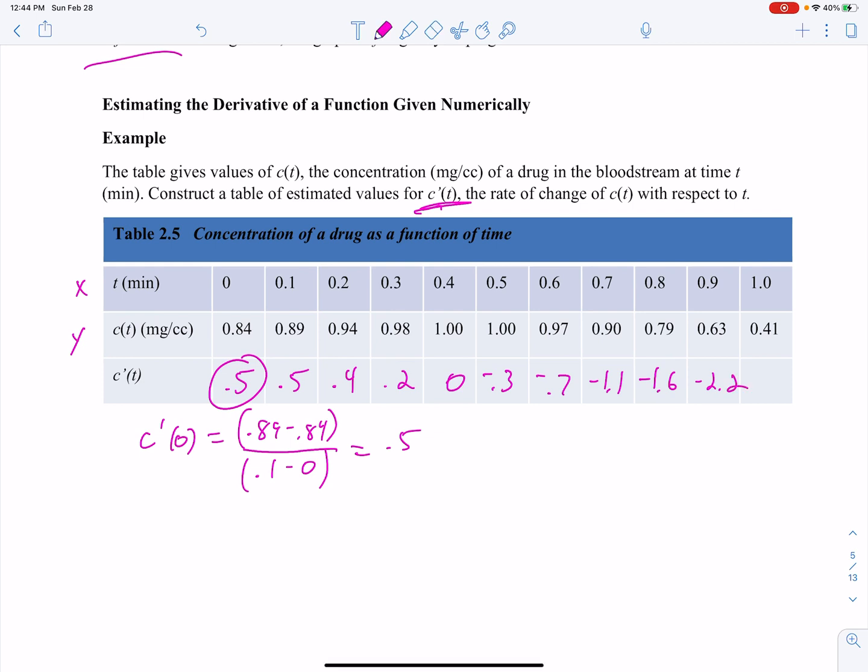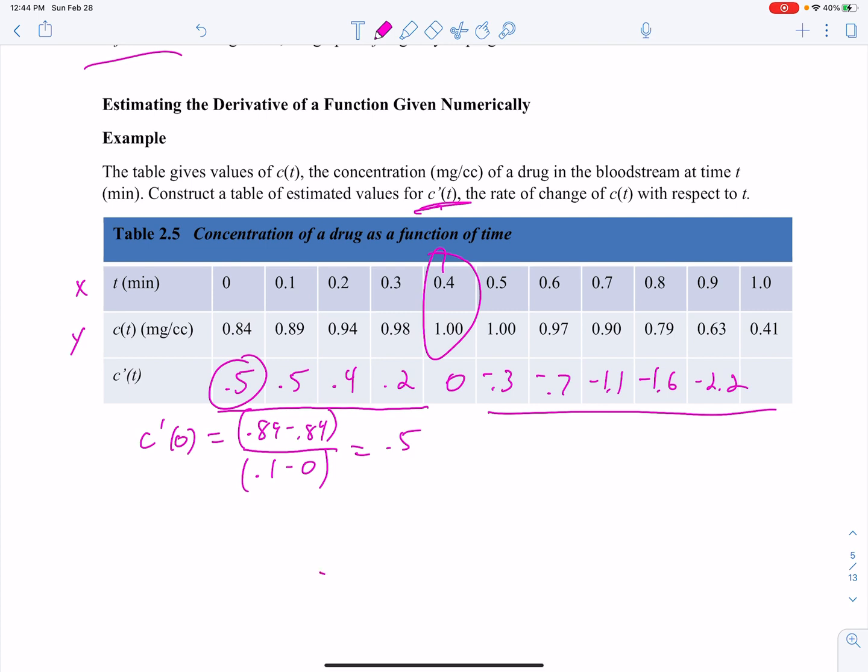There we go. Of course, what we can see is we have an increasing function up until this point. The derivative is 0, so we have either a maximum or minimum. I'll show you how to figure that out in a second. And then negative slopes, negative derivatives here.